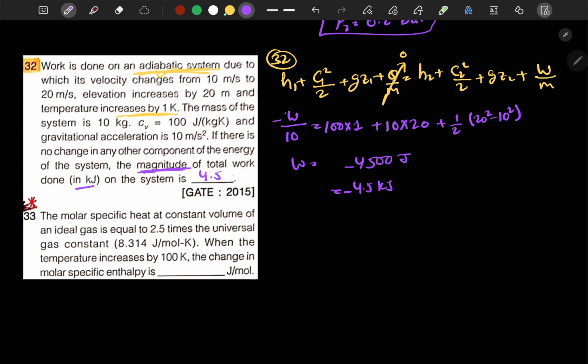Okay, let's see question number 33. In question 33 it is mentioned that the specific heat at constant volume for an ideal gas is 2.5 times the universal gas constant. When temperature increases by 100 Kelvin, what is the change in the molar specific enthalpy?